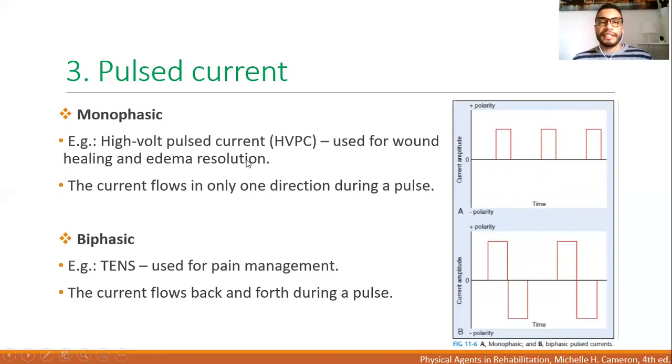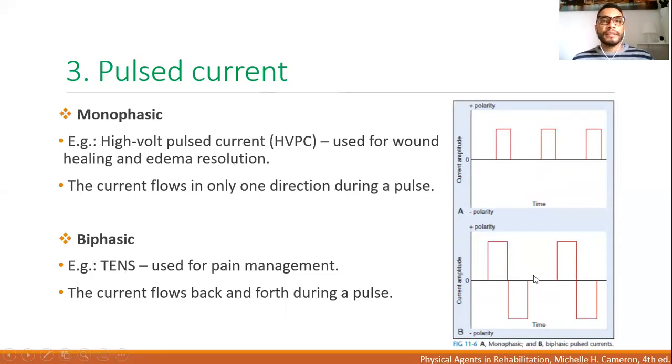We will learn that in the next class. This current flows in only one direction during a pulse. So this is monophasic. And biphasic means that the current flows back and forth during a pulse.